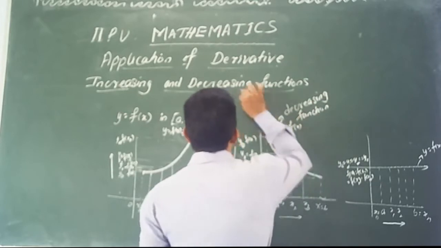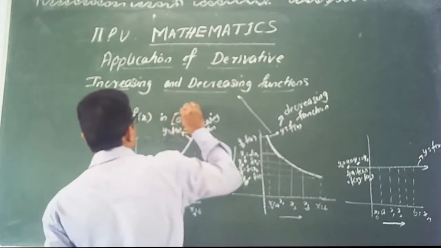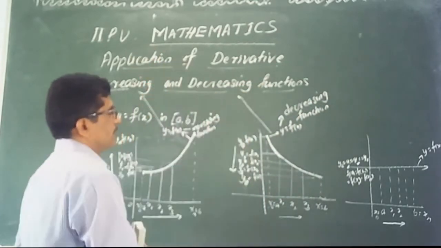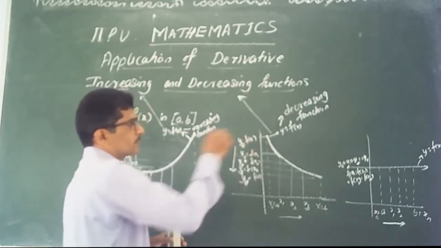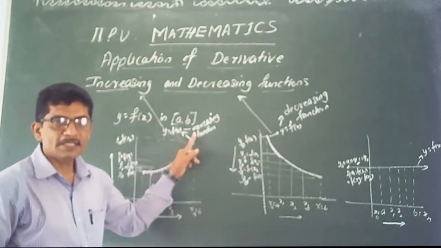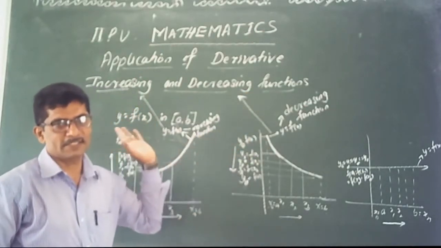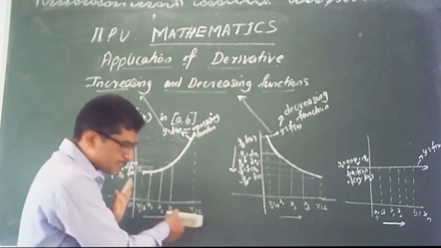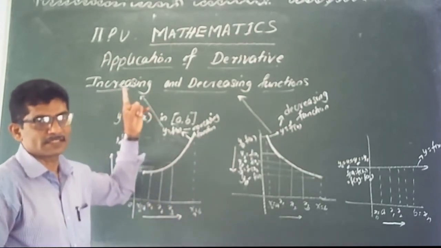This one is a decreasing function and this function is said to be an increasing function. ಇದನ್ನೇ ಡಿಕ್ರೀಸಿಂಗ್ ಫಂಕ್ಷನ್ ಅಂತ ಕರಿತೀವಿ, ಇದನ್ನ ಇನ್ಕ್ರೀಸಿಂಗ್ ಫಂಕ್ಷನ್ಸ್ ಅಂತ ಕರಿತೀವಿ. ಇನ್ಕ್ರೀಸ್ ಮೀನ್ಸ್ ವೆನ್ ಎಕ್ಸ್ ಈಸ್ ಇನ್ಕ್ರೀಸಸ್ ವೈ ಈಸ್ ಇನ್ಕ್ರೀಸ್.